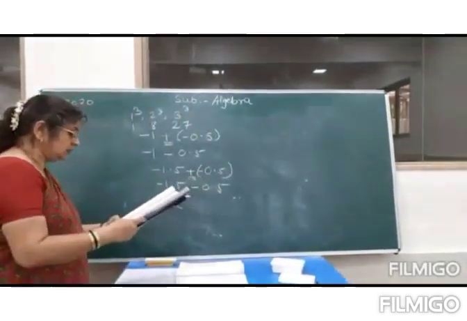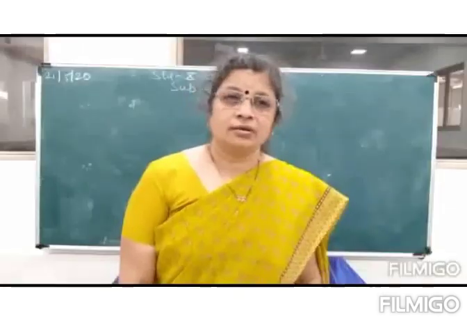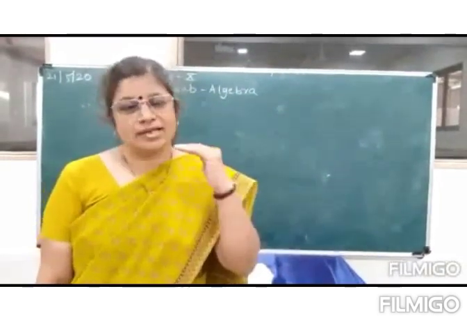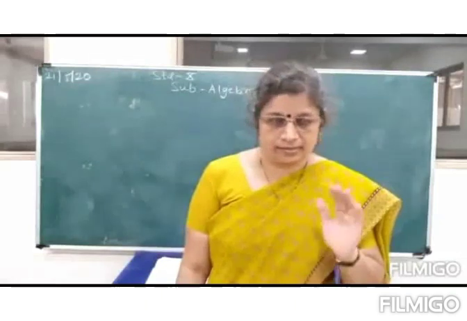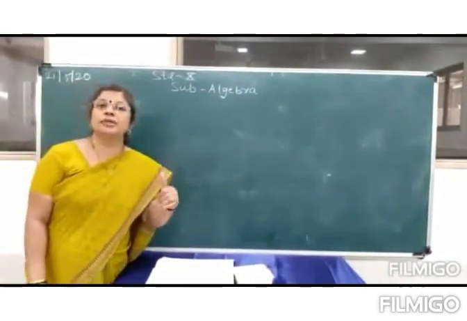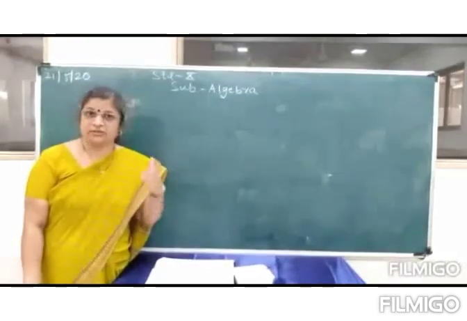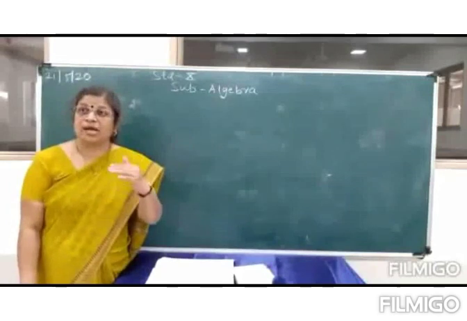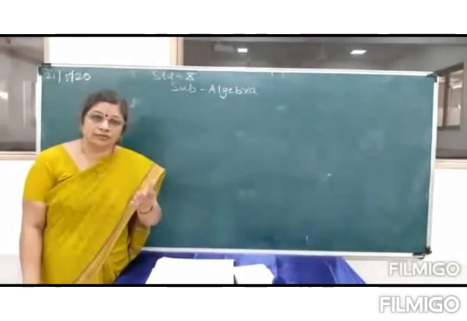Okay. Now we have seen how the D is positive, negative and 0 with the help of examples. That means the value of D is either positive, negative or 0. Now we will go for the example, how to find out the value of D.